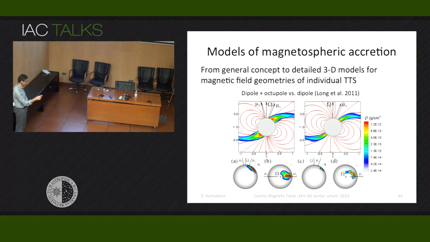These are places where accretion streams are ending on the surface of the star. So the bottom line and conclusion is that in the context of understanding magnetospheric accretion, it's important to know exactly what the geometry of stellar magnetic fields is. It actually has some influence on the accretion rates of these stars.